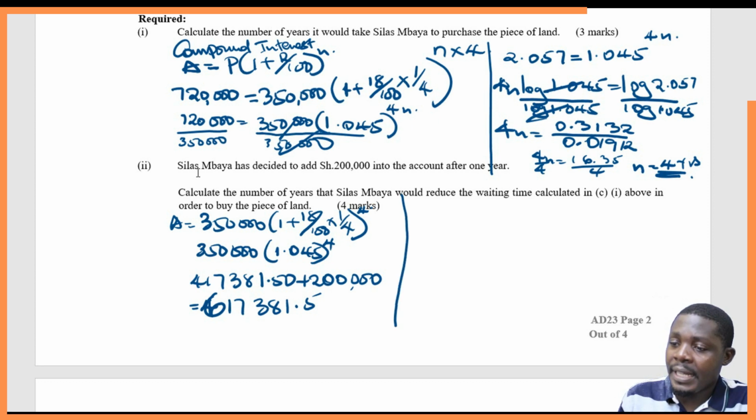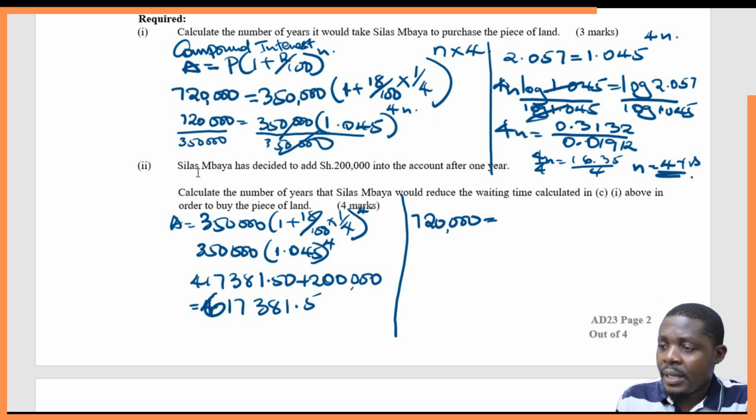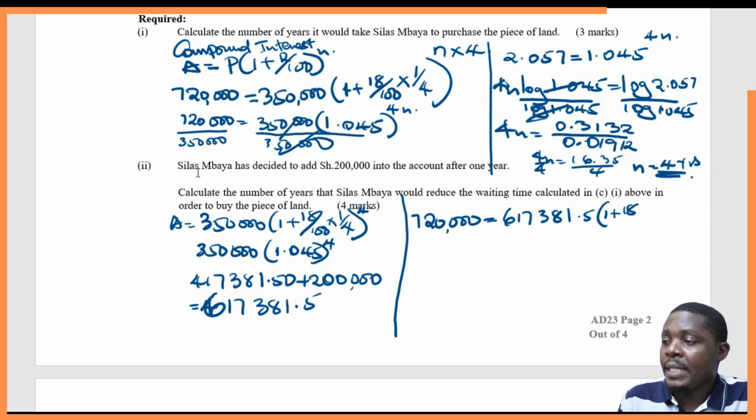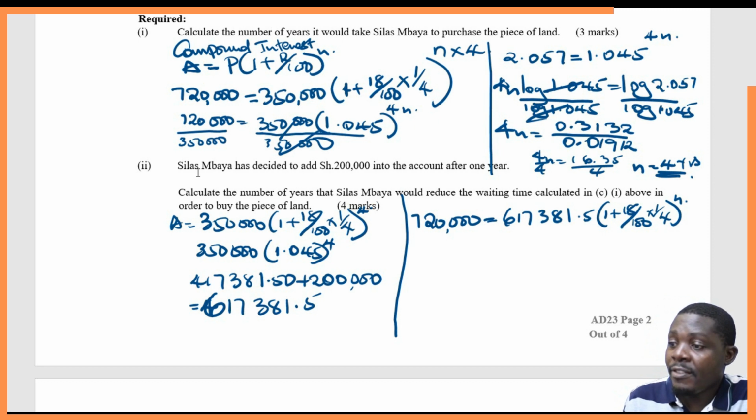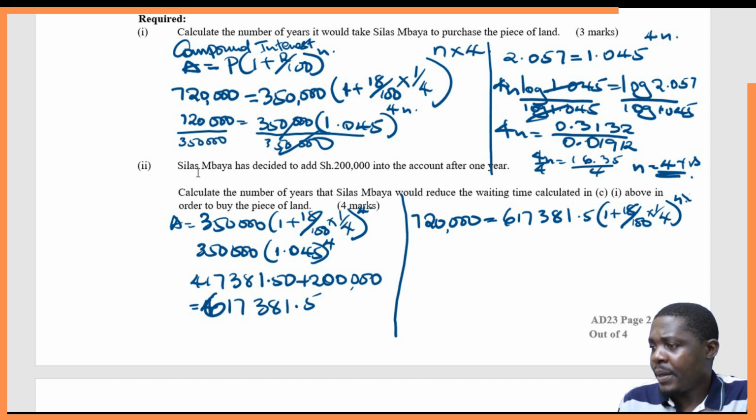Now if that is the case, the amount that is supposed to be raised is 720,000. 720,000 is equal to, in this case the principal, 617,381.5 into 1 plus 18 over 100 multiplied by a quarter, everything raised to n. We want to determine the number of years he is going to wait to raise 720,000. But in that case, we are going to multiply the power by 4.